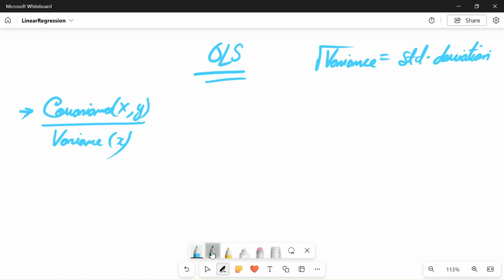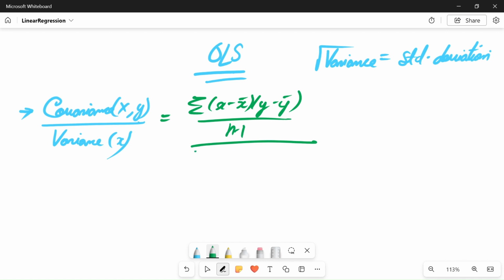Now let me expand this formula into its mathematical form, and then we'll start to analyze it. Okay, so summation x minus x bar, y minus y bar divided by n minus 1, whole divided by summation x minus x bar squared divided by n minus 1.